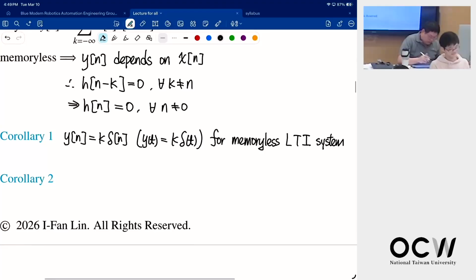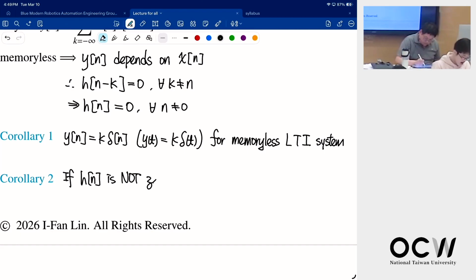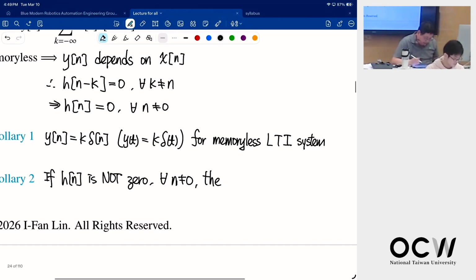Also, that means if the h n of the system is not 0 when n is not equal to 0, then the system has memory.